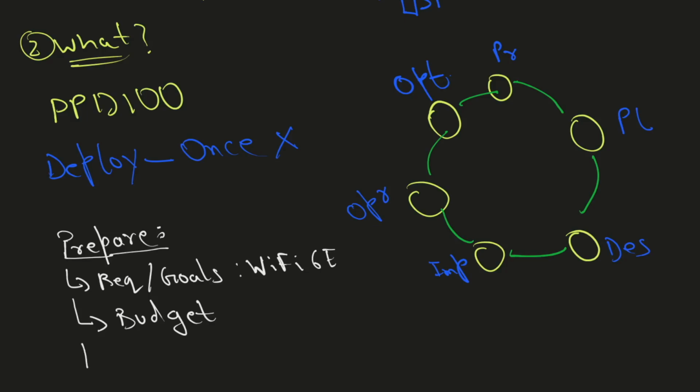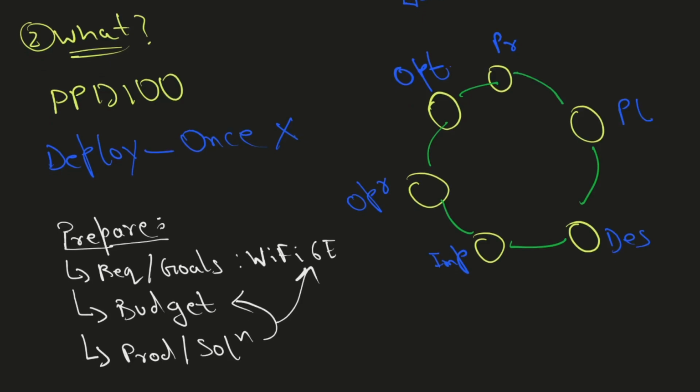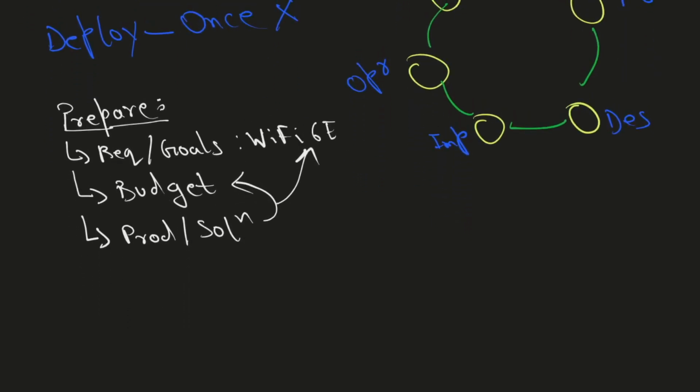And based on this budget and the requirement, we will come up with the product or the wireless solution, in this case, the solution which supports Wi-Fi 6E, which also meets the budget and the end goals for this project. And once we are done with the prepare phase, we'll move on to the plan phase.